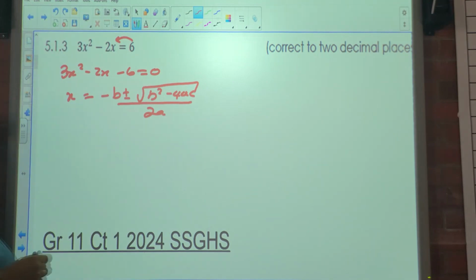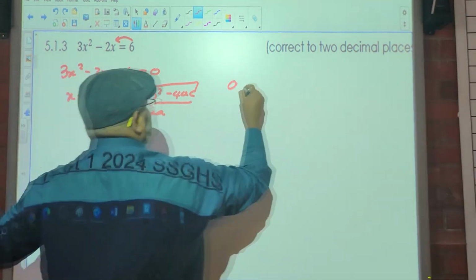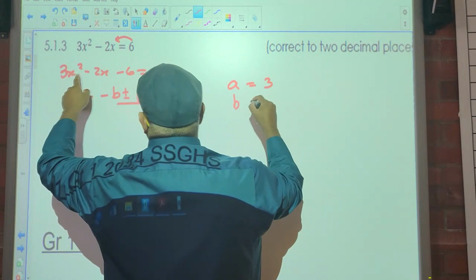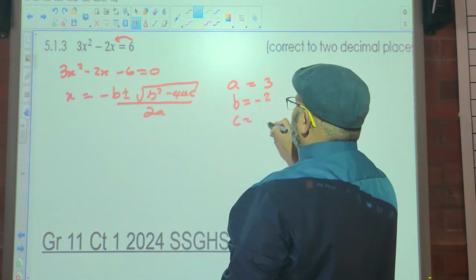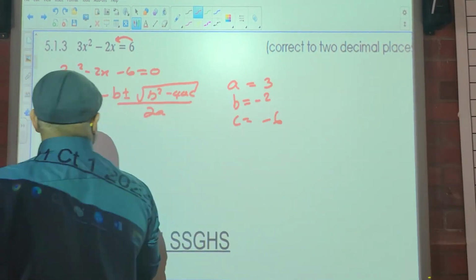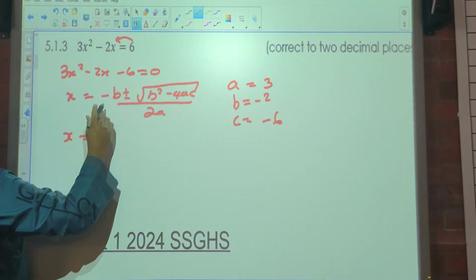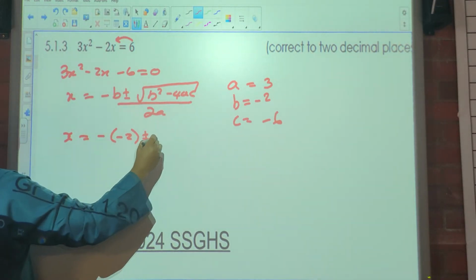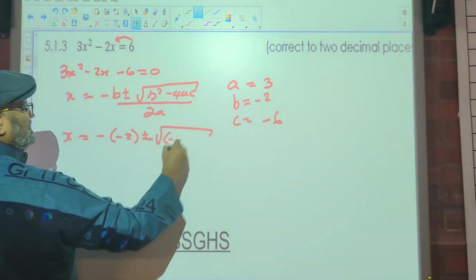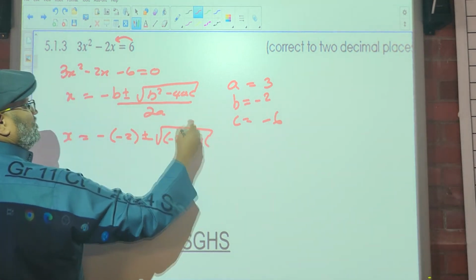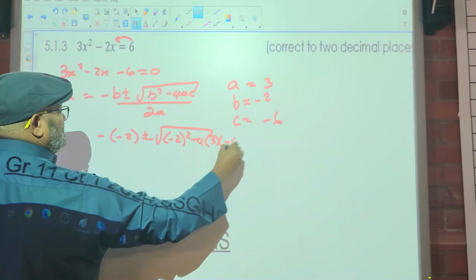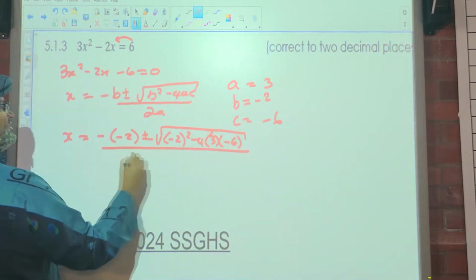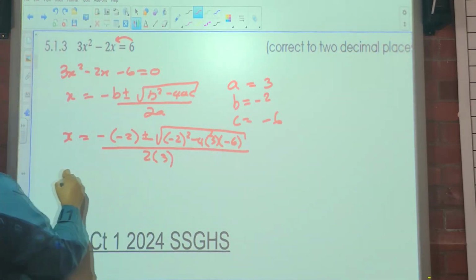My a value is 3, my b value is negative 2, my c value is negative 6. So x is equal to minus negative 2, plus minus the square root of negative 2 squared minus 4 times 3 times negative 6, over 2 times 3.